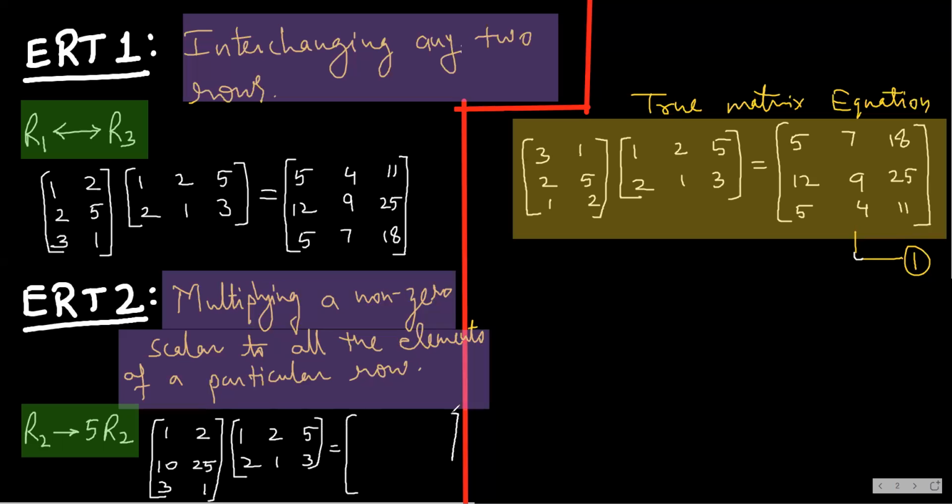In RHS R2 you will multiply the same thing, that is 5. Whatever ERT you applied on prefactor, you will apply the same ERT on postfactor. So this is 5, 4, 11, and here, 60, 45 and 125. 25 into 5 is 125, and here you have 5, 7, 18.